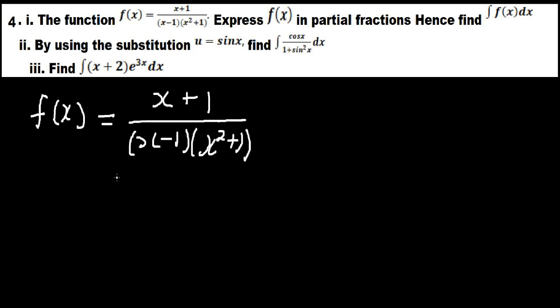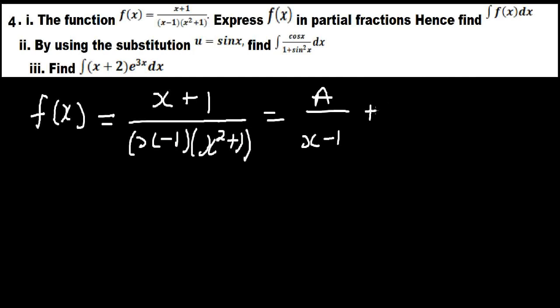Either it's a linear function, a quadratic function, or a cubic function. For each of those, there is a particular way in which we need to express them in terms of a, b, and c. For a linear function, we are simply going to express this as a all over x minus 1. Now this is a quadratic function.